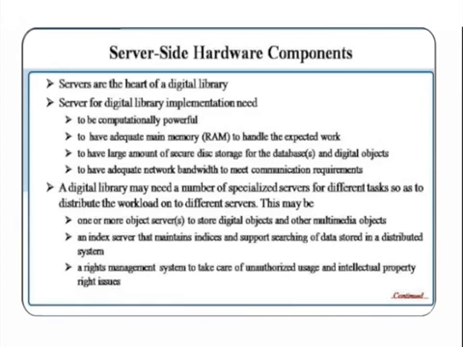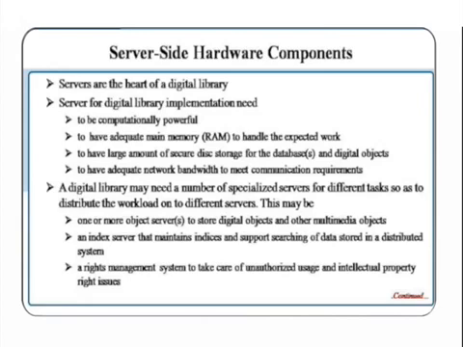A digital library may need a number of specialized servers for different tasks so as to distribute the workload. These could be one or more object servers to store digital objects and their multimedia objects. There can be index servers that maintain the indices and support searching of data stored in a distributed system, and a rights management system to take care of unauthorized usage and intellectual property rights issues.